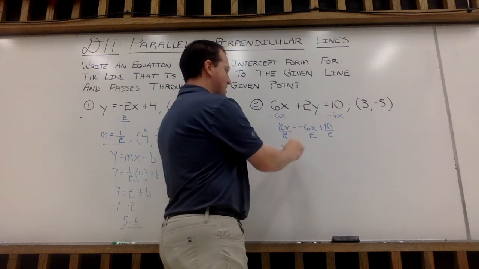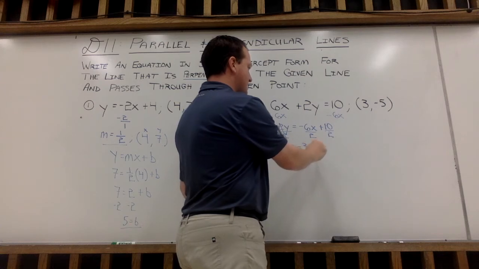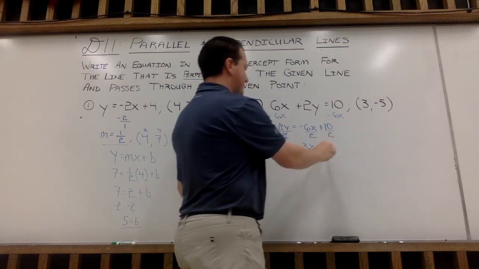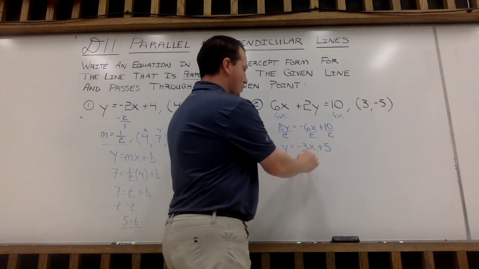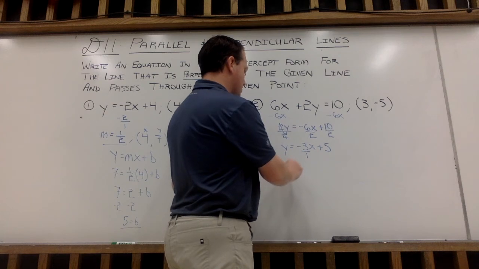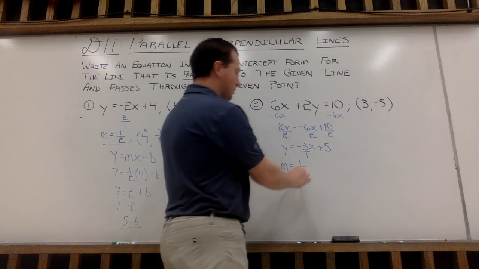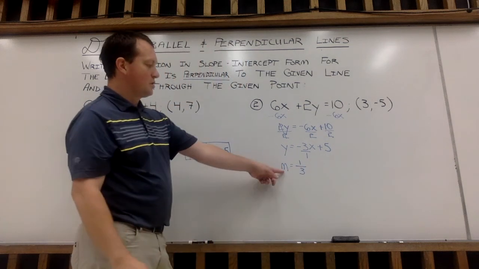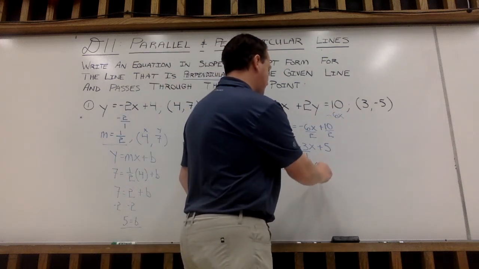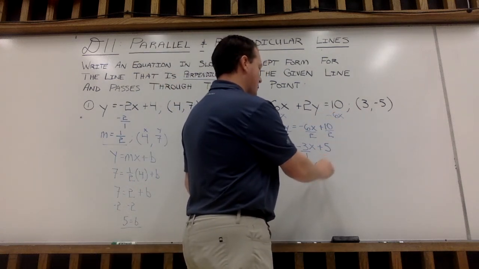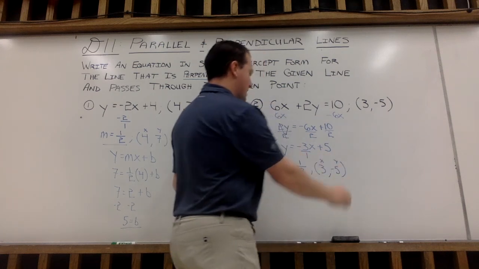And I'll have y equals negative 6 over 2 is negative 3x plus 10 divided by 2 is 5. So the slope of my given line, negative 3 over 1, needs to turn into the opposite, so a positive reciprocal, 3 over 1 becomes 1 over 3. So the slope of the new line is positive 1/3, and it needs to go through the point x is 3, y is negative 5.